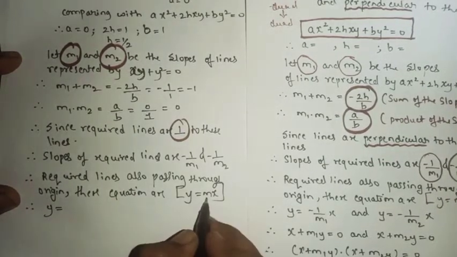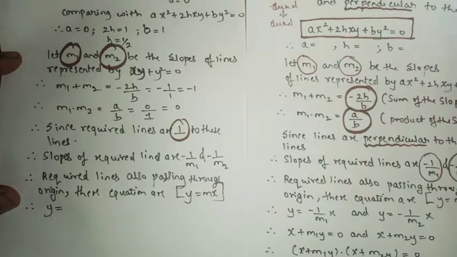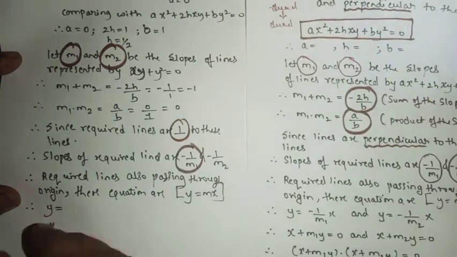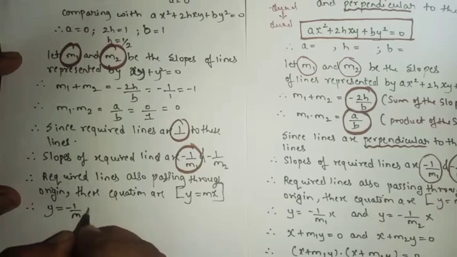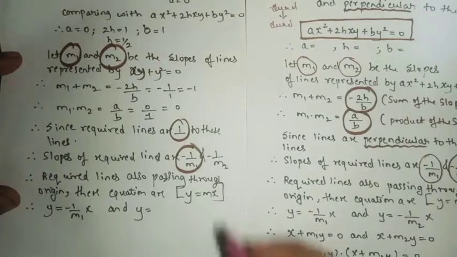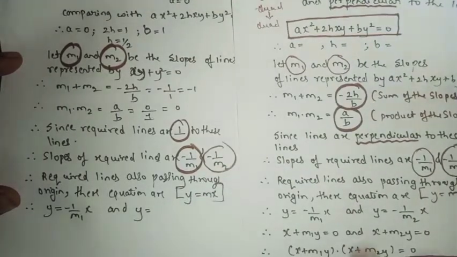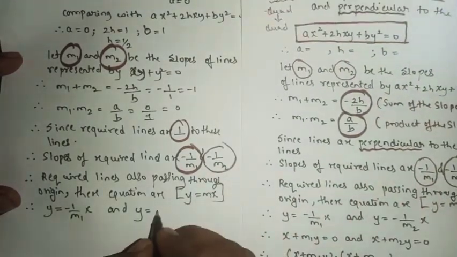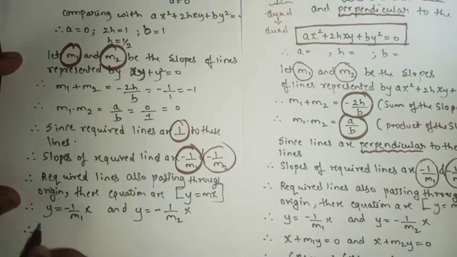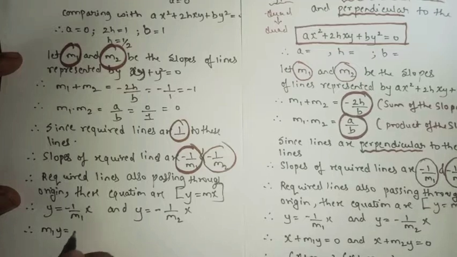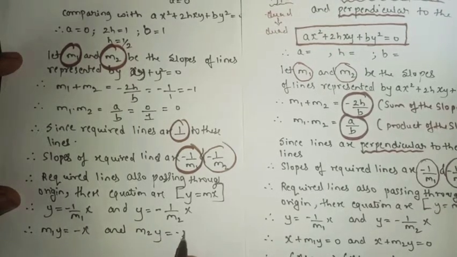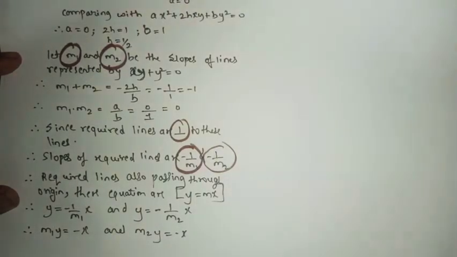So y equals minus 1 upon m1 times x for the first line, and for the second one minus 1 upon m2 times x. Cross multiplying, m1y equals minus x and m2y equals minus x.